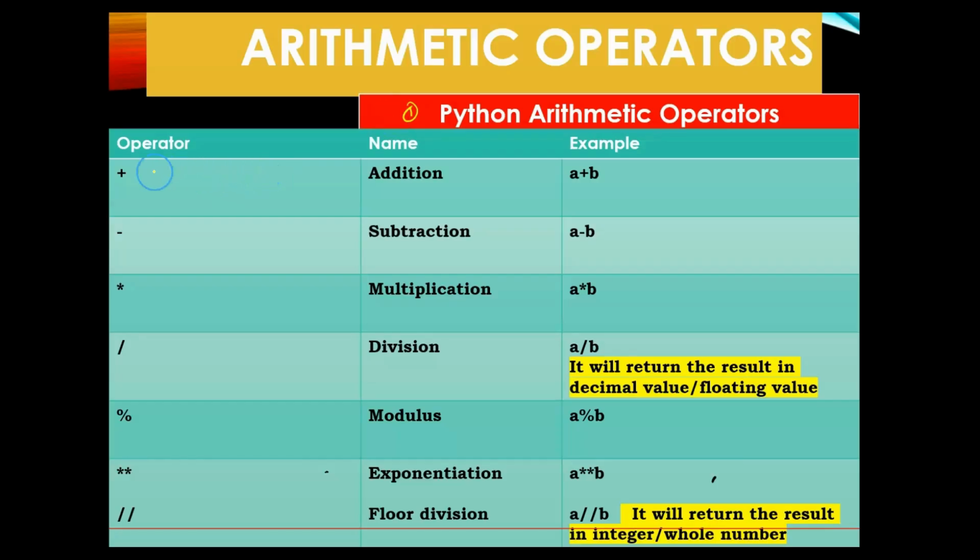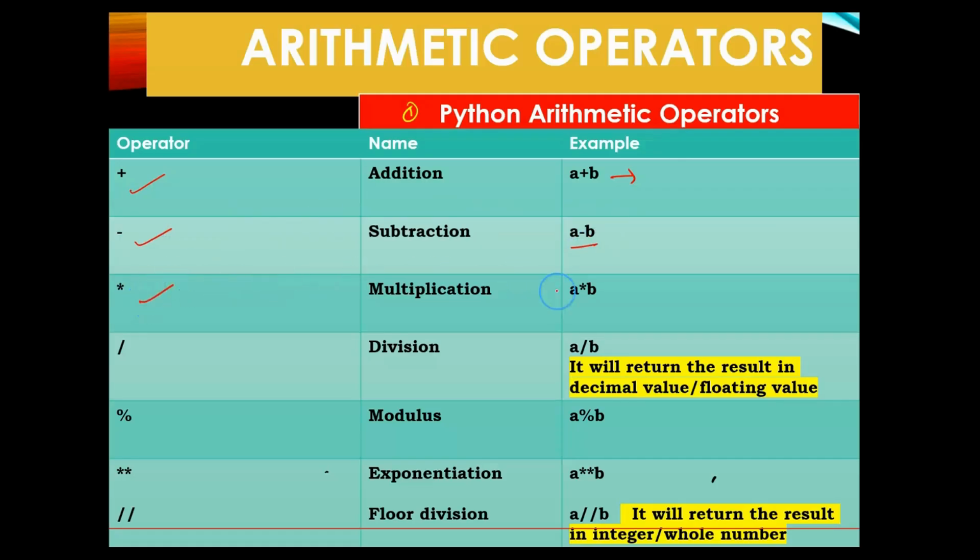The first one is addition, which gives you the result of A plus B. The next one is subtraction, which gives the subtracted result of A minus B.